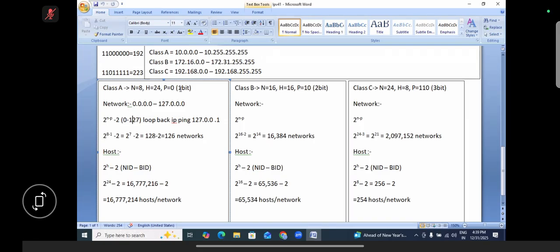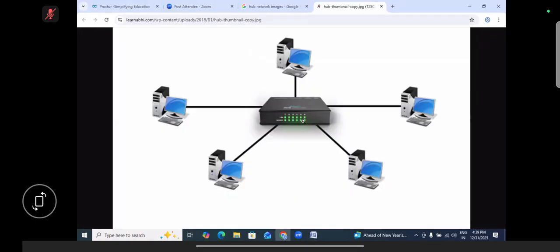P value how much? 1. So 2 to the power of 8 minus 1 minus 2. 2 to the power of 7 minus 2. 128 minus 2. How much? 126 networks we can deploy like this with the help of class A.